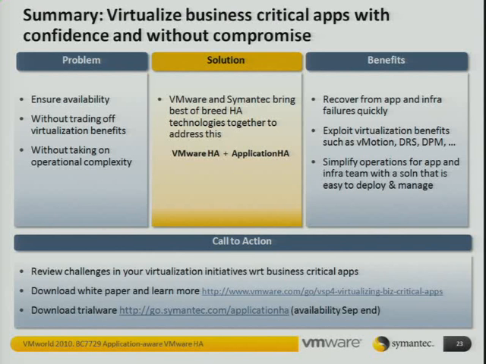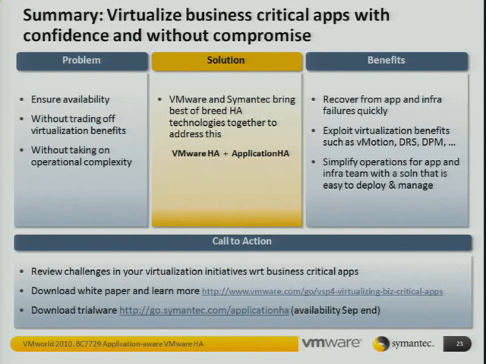We leverage some of the technologies there to build application HA. And some of the benefits you'll get is certainly recover from app and infrastructure level failures, exploit virtualization benefits such as vMotion, DRS, DPM, and finally simplify operations for your different teams, the app teams and the infrastructure teams, with a solution that's super easy to deploy and super easy to manage.